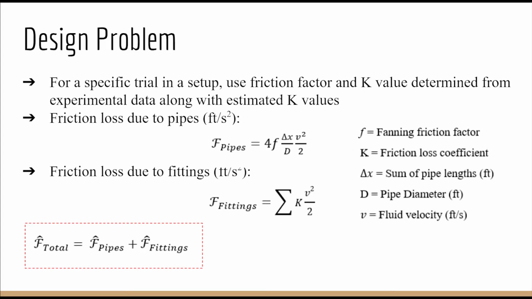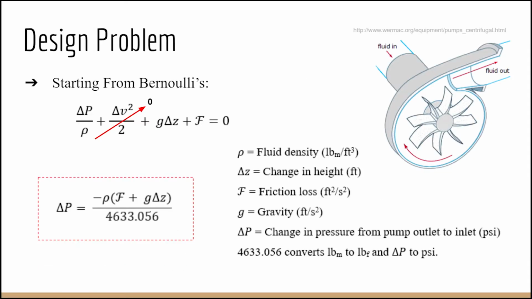Once we have this, we can calculate the pressure drop across the system. To do this, we use Bernoulli's equation. After simplifying, we know that delta P is equal to negative density multiplied by the quantity of the total friction plus gravity times the change in height.